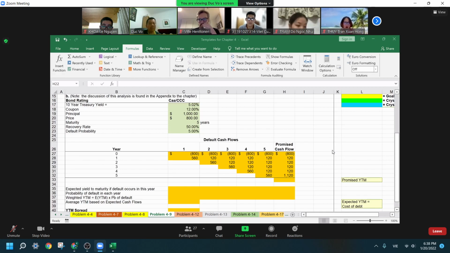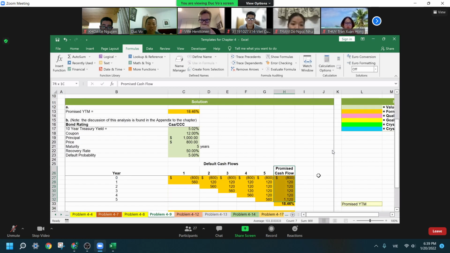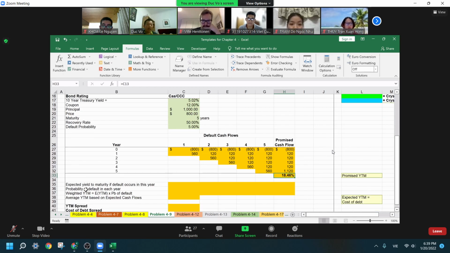What you can see from that is, for the first one, this one is for sure the same as what you calculate from here, because if the bond never defaults, what you get is the YTM of 18.46%. Okay, so how do I work out the expected yield to maturity if it defaults in year 1?